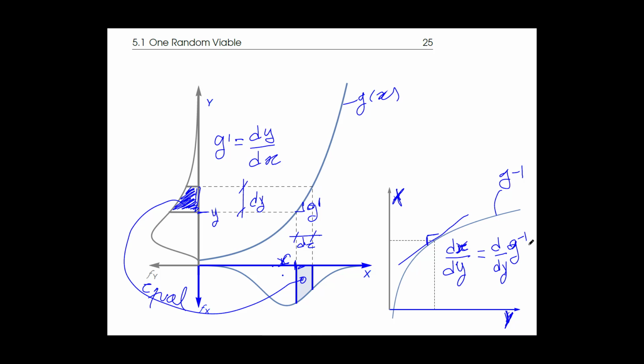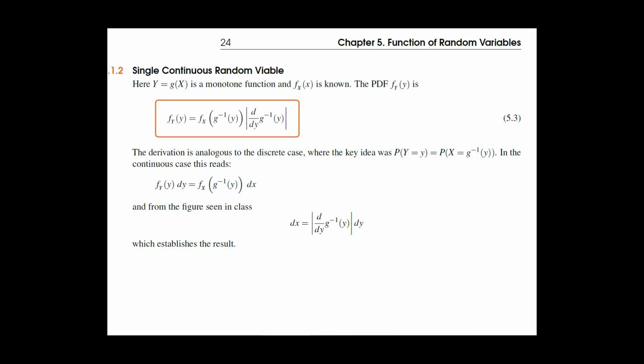And this is a function of y, right? G minus 1. Okay, so we're actually going to use this formula, which is just the definition of derivative, but using the inverse function, g minus 1. Okay? Now, and this is this equation right here.